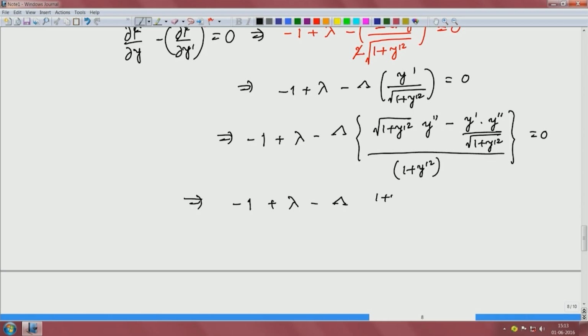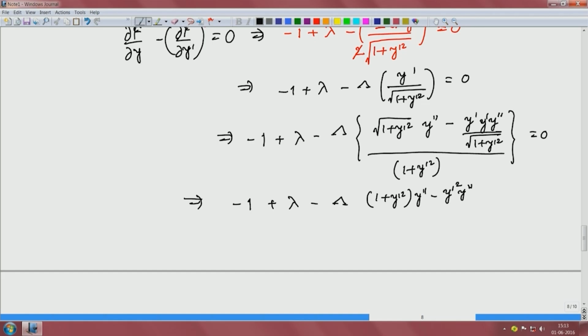So, it will become 1 plus y prime square into y double prime minus y prime. Here I will get y prime, and there will be another y prime when I take the derivative, that becomes y prime square y double prime, I suppose.